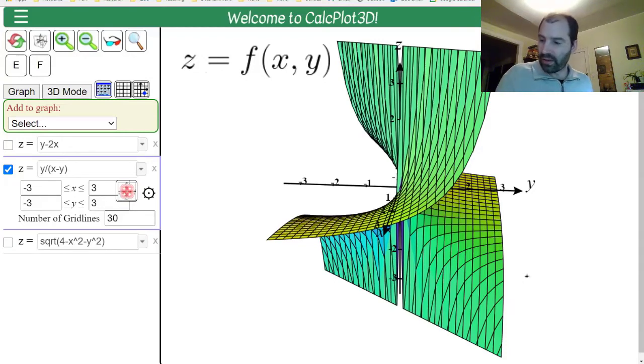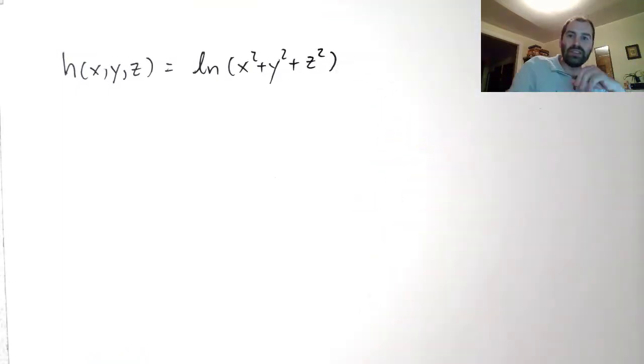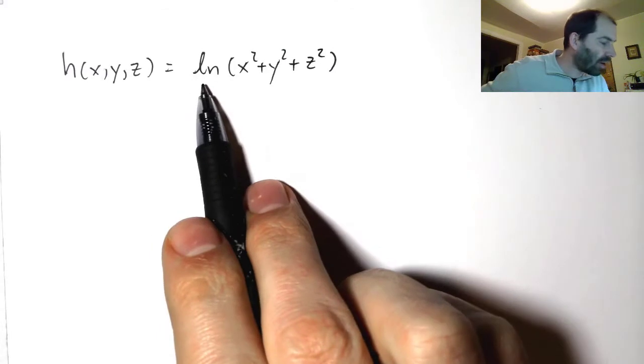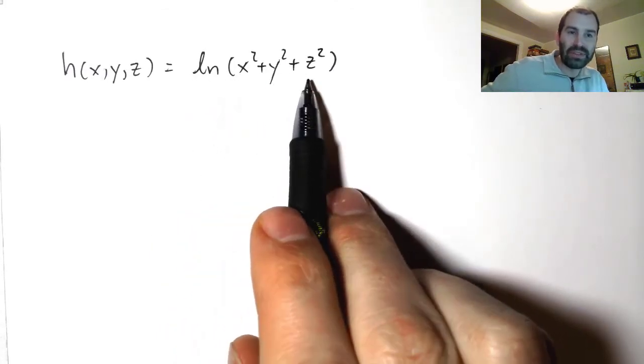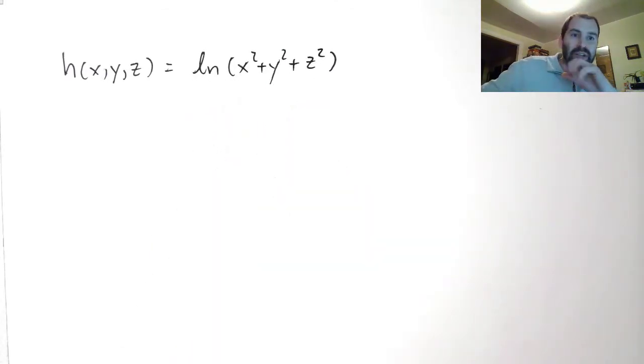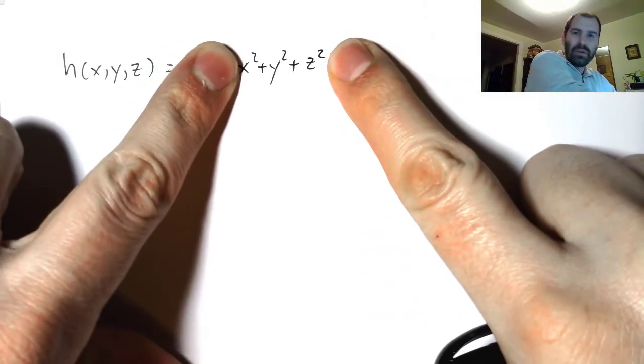Okay, let's take a look at another function. Here we're going to look at a function of 3 variables, and I'll call it h. So h is a function of x, y, and z, and it is the natural logarithm of x squared plus y squared plus z squared. So what is the domain here? Well, what do I need to be in the domain? This is a polynomial, so no issues there.